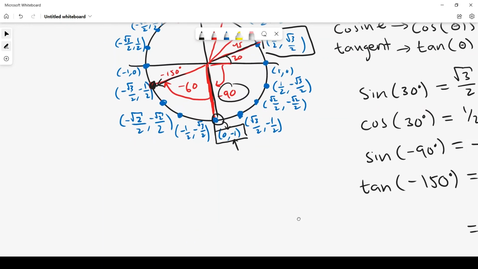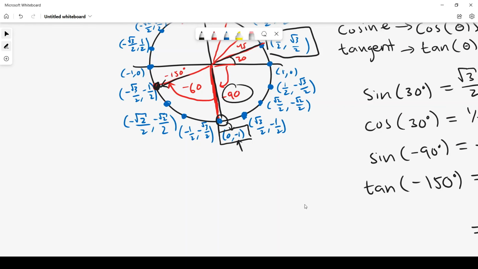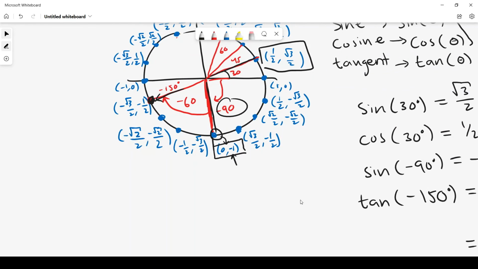And I guess just one more, for these tangents, if we're not working with any negatives, we can have something like tangent of, let's go 120 degrees. This is going to be sine over cosine.